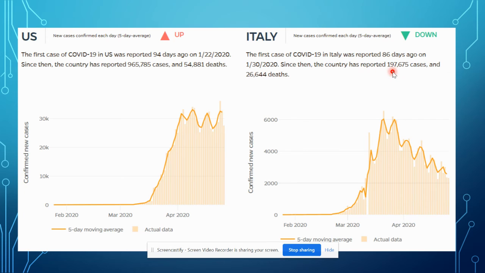Since then, the country has reported 197,675 cases and 26,000 deaths. And you can see how their average goes up, up, up, and then slowly, even though it's going up and down, generally starts to decline. Okay. So I'm wondering what conclusions you might draw thinking about all the information presented on this graph.